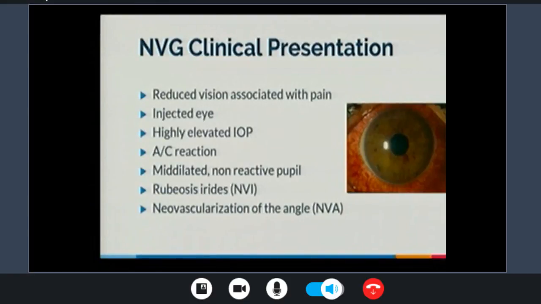Yes, sometimes, most of the time, when the patient comes, the media is not clear enough to apply what you are saying. Yes, but usually, in most cases, the rubeosis vessels are large enough to see. But again, sometimes high pressure can collapse these vessels. As I told you, the vessel wall is abnormal.